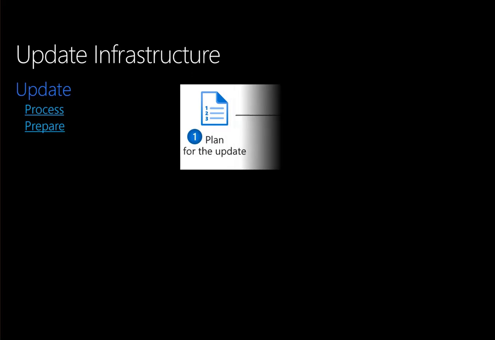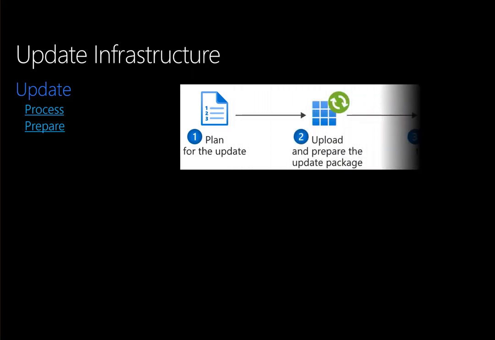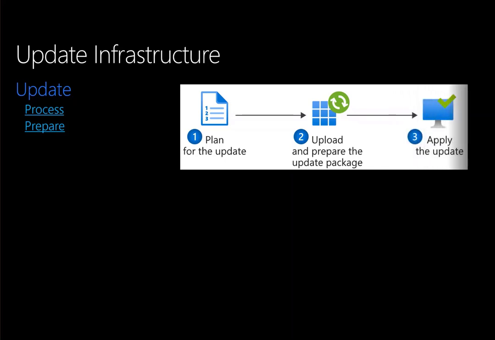1. Plan for the update. Be sure to follow all the steps in the Azure Stack Hub pre-update checklist to ensure that you've completed the required prerequisite for applying an update. 2. Upload and prepare the update package. For internet-connected Azure Stack Hub environments, Azure Stack Hub software updates and hotfixes are automatically imported into the system and prepared for the update.